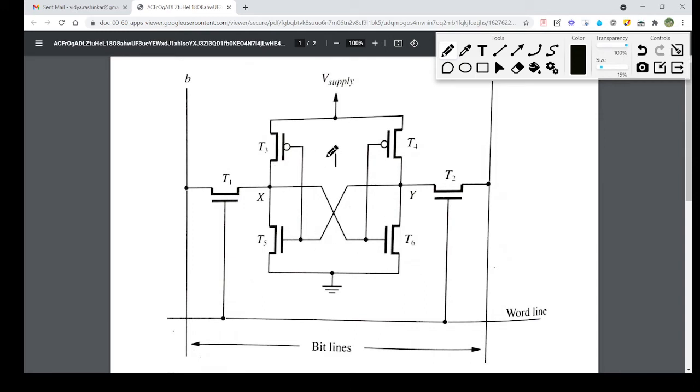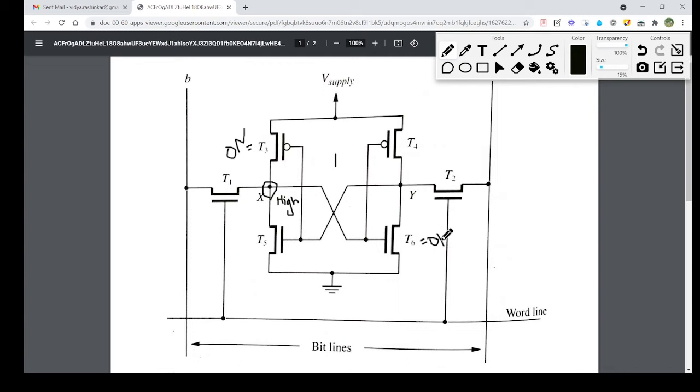If it is in one state, then the voltage at point X is high. Since the value at this point is high, it means that the transistor T3 is on and the transistor T6 is also on.